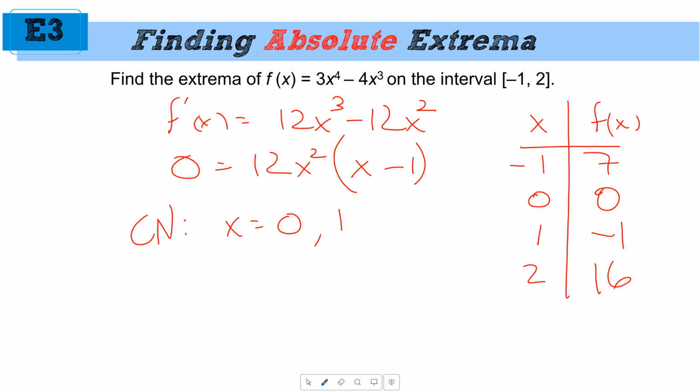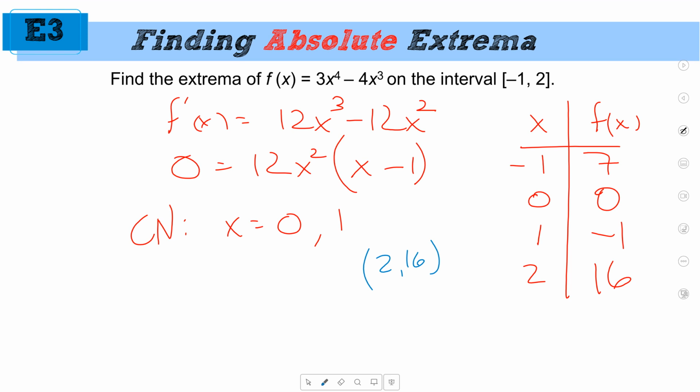Okay, so let's talk about semantics, because the College Board loves to do this. They will ask you, where does the absolute max occur? The answer to that would be 2, 16. They will ask you, what's the x value of the absolute max? That would be 2.